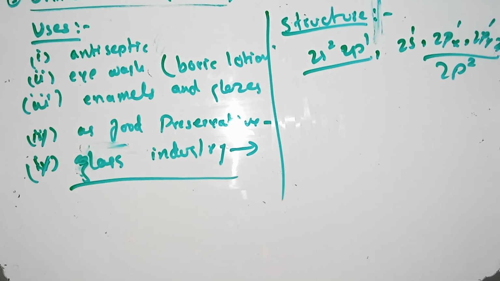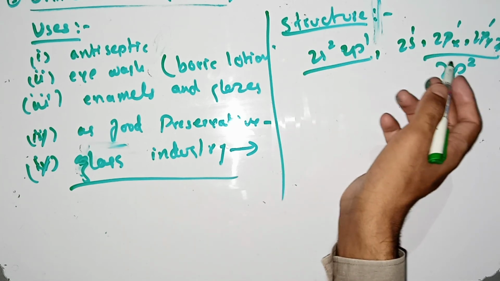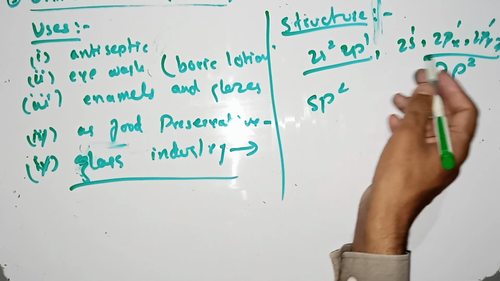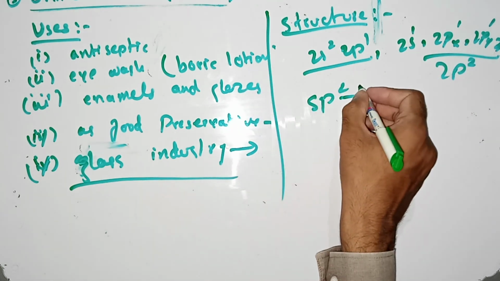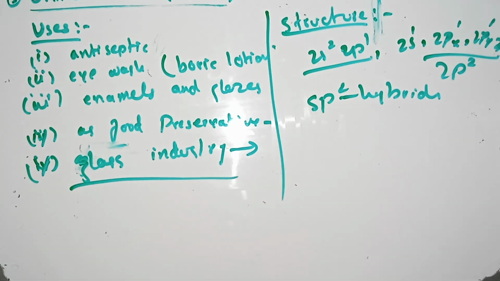These three singly occupied orbitals undergo sp2 hybridization, giving three sp2 hybridized orbitals.